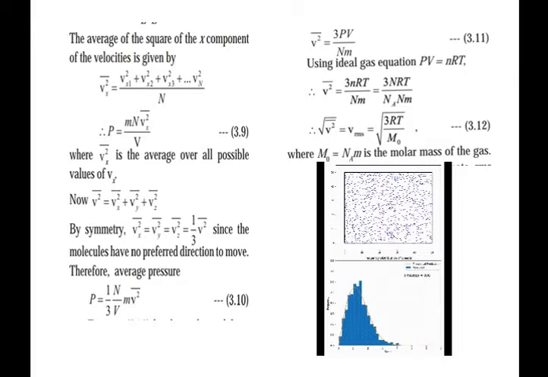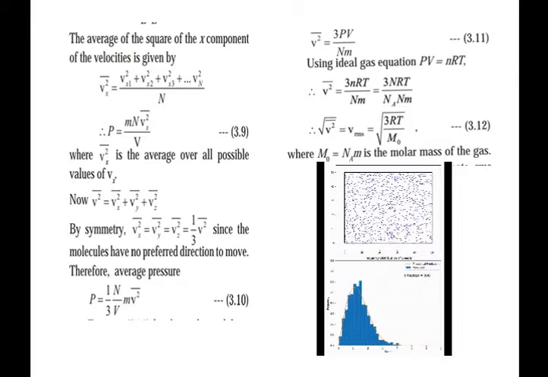Thus we can write v bar square x equal to v bar square y equal to v bar square z, which is equal to 1 by 3 v square bar. Thus we get pressure P is equal to 1 by 3 n divided by V into m v bar square.